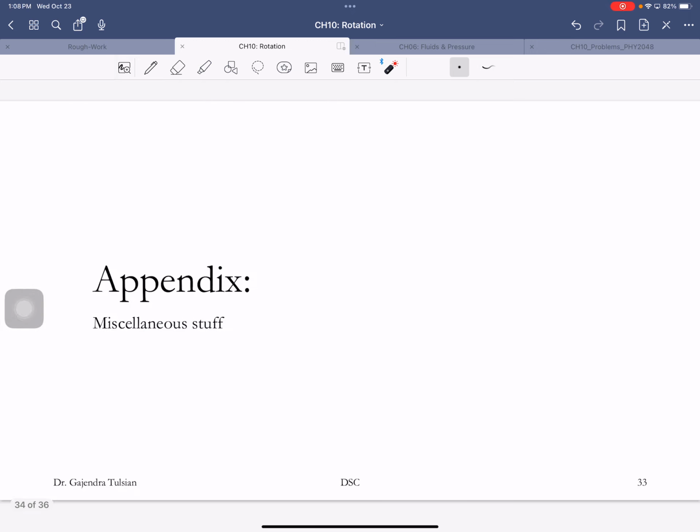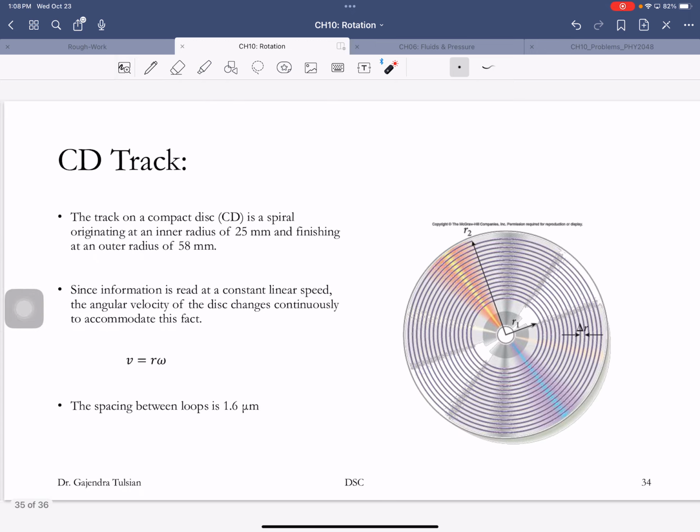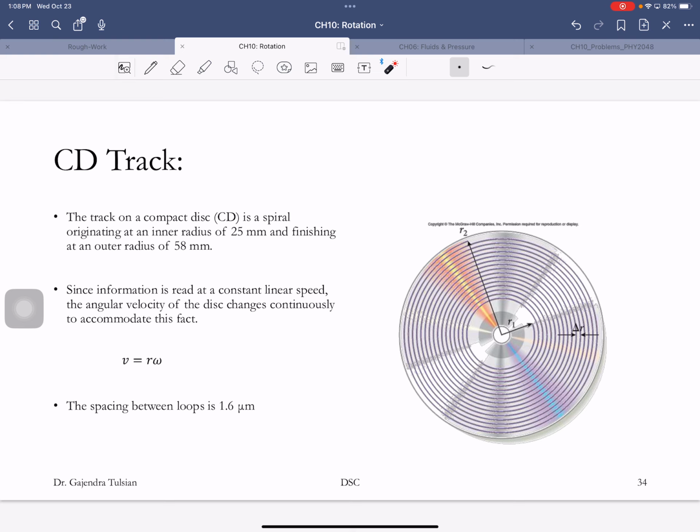All right, that covers the main topics from this chapter. Here's an interesting application. Here's a device that has data along this line.